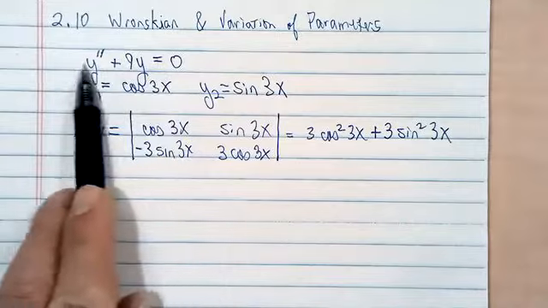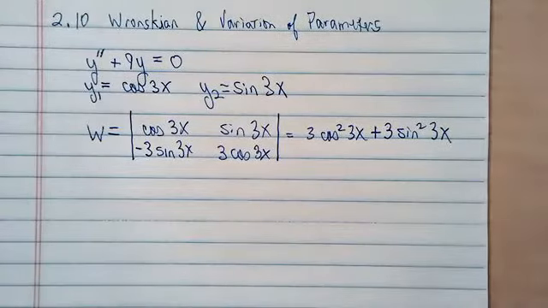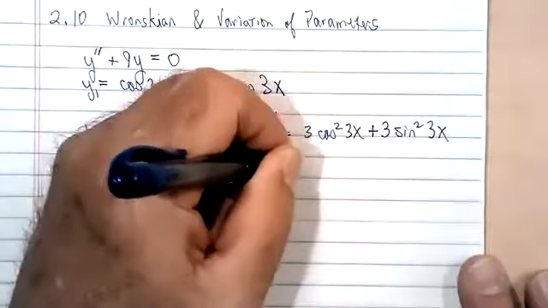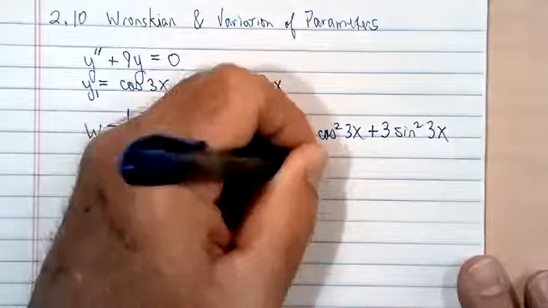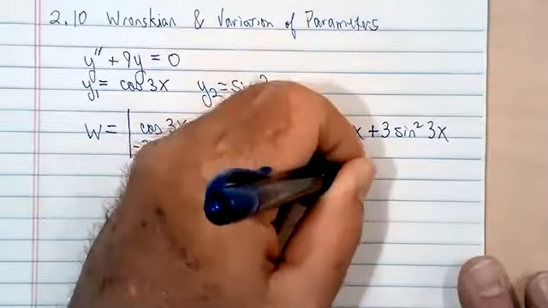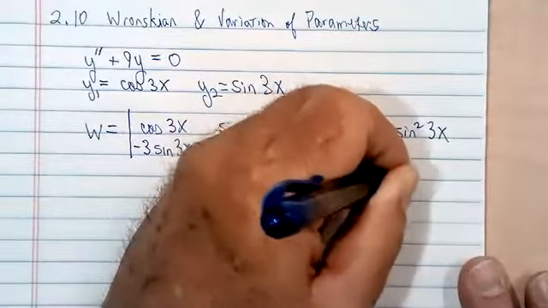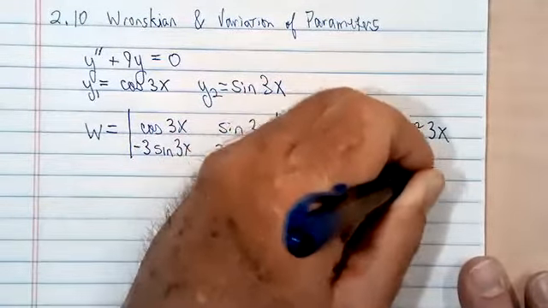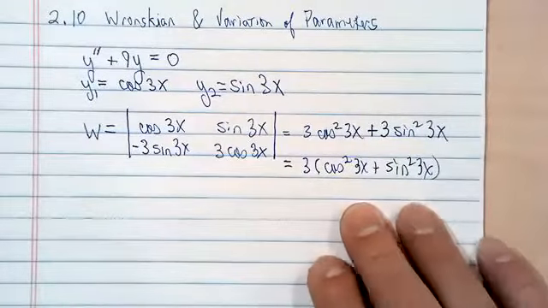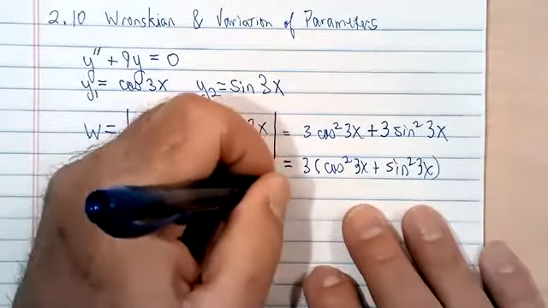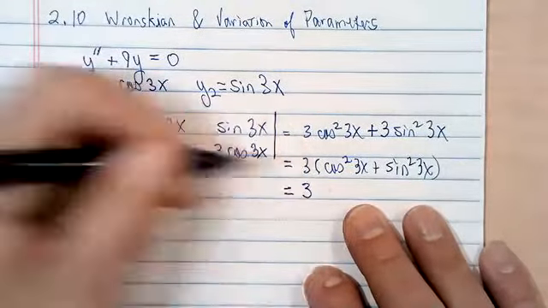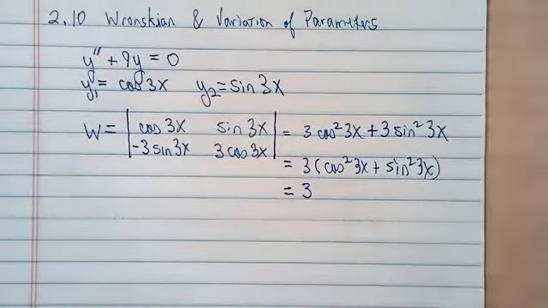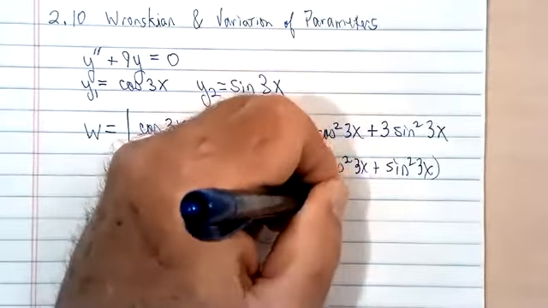All the coefficients are constant, so they're continuous on the whole real line. And sure enough, if you use a trig identity, sine squared theta plus cosine squared theta is equal to 1. So this thing is always equal to 3, and it makes no difference what x is.